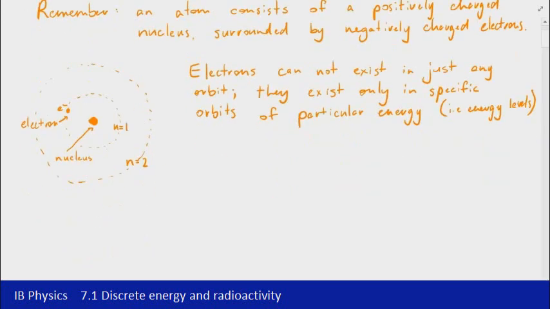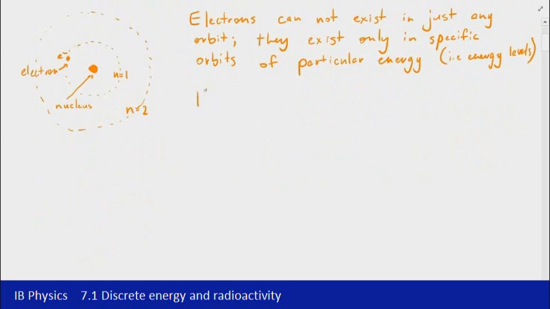Now, before we go any further, we're just going to mention here that hydrogen is the simplest element to deal with. The reason for that is that it has just one proton in the nucleus and one electron orbiting that proton.